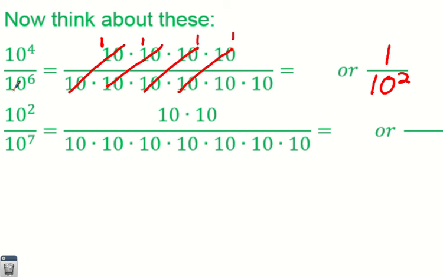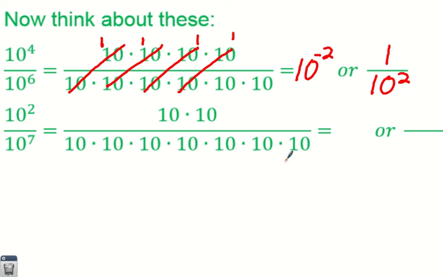What's 4 minus 6? Negative 2. So if you do the shortcut, you get 10 to the negative 2. If you expand it out and cancel, you get 1 over 10 squared. Well, guess what, people? They are equivalent. They mean the same thing.